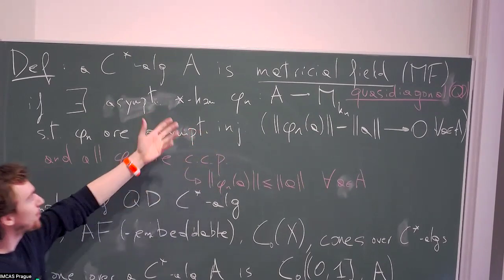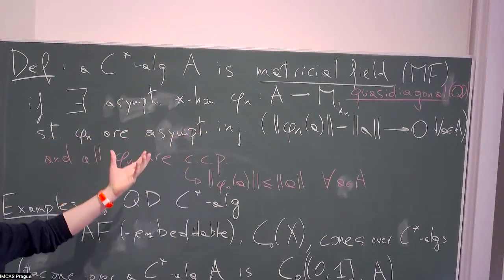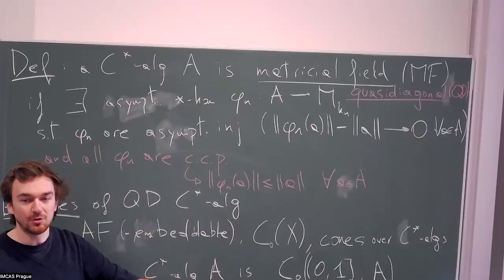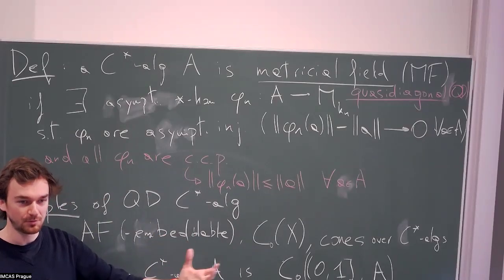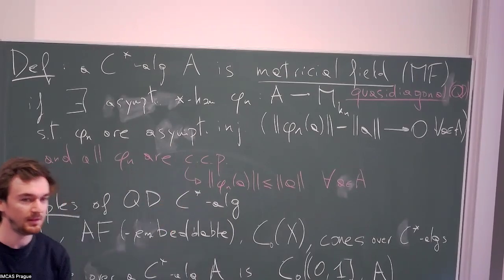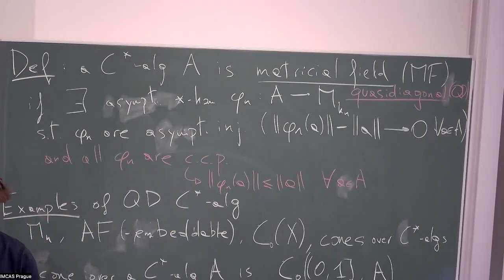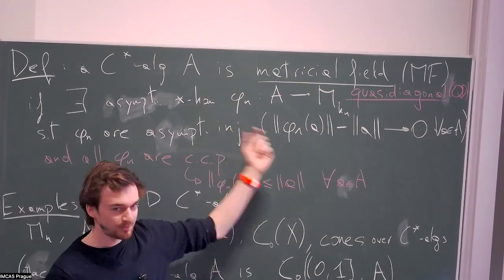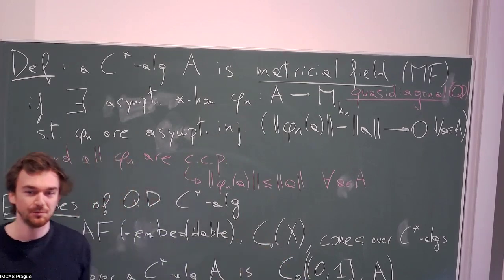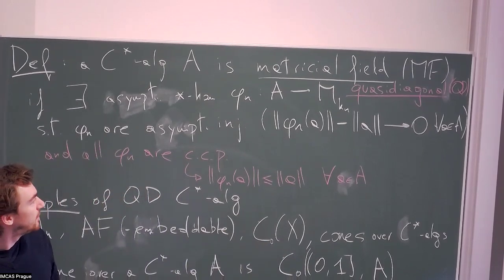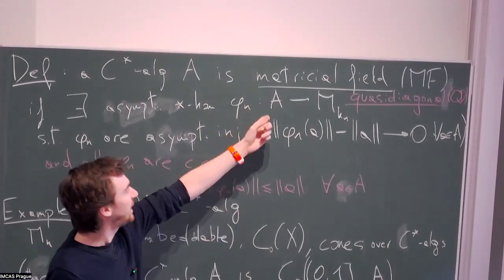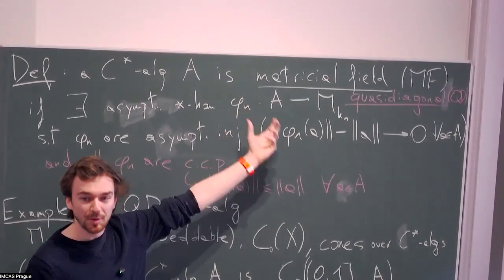You can reformulate this whole asymptotic star-morphism business into, on the nose, an embedding into the ultrapower of, in this case, the universal UHF algebra Q. So basically by using these maps as your approximate embedding, saying your matricial field is just saying you have an embedding into Q omega.